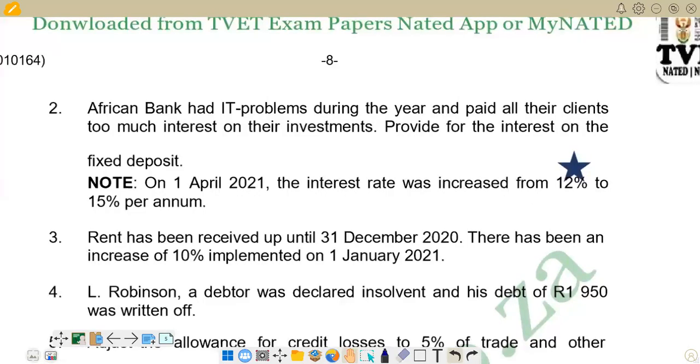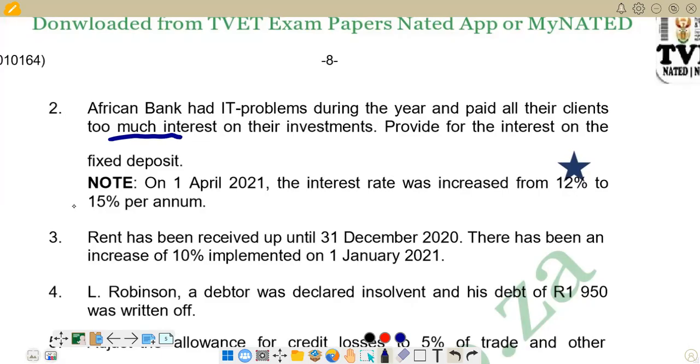And the key point there is that they paid too much interest. It means the figure that we are given there in the list of balances is a bigger figure. So we need to readjust it so that we get the actual figure, which is going to be smaller according to this statement. So how can we find it? We go on to the explanation to see where the difference is.